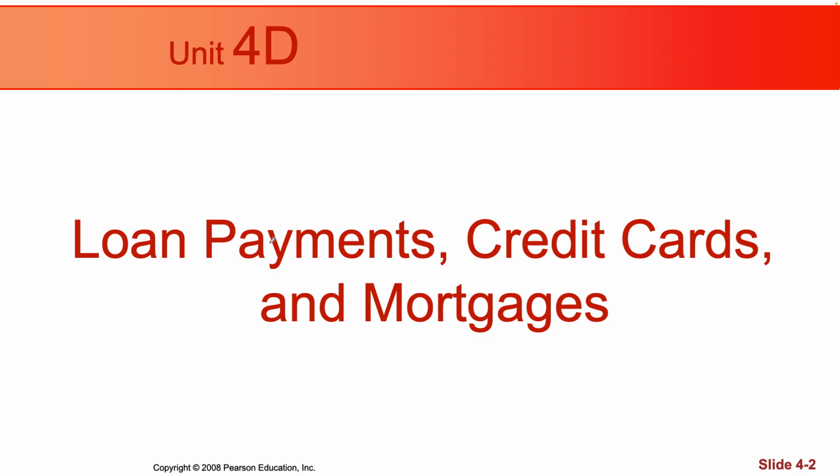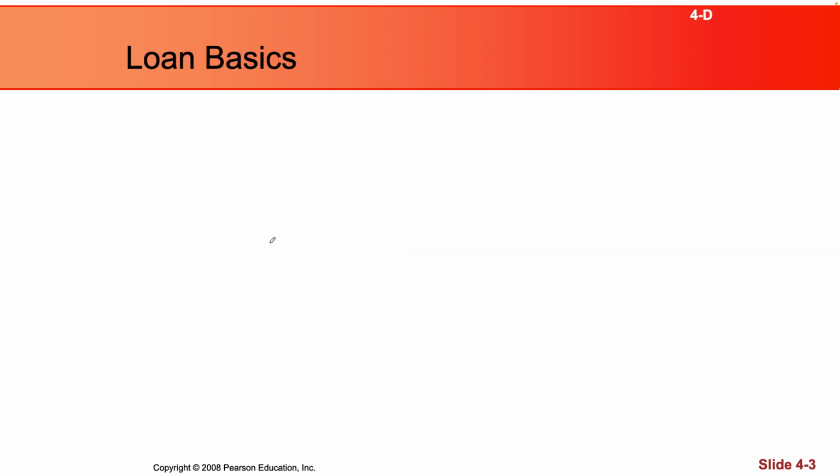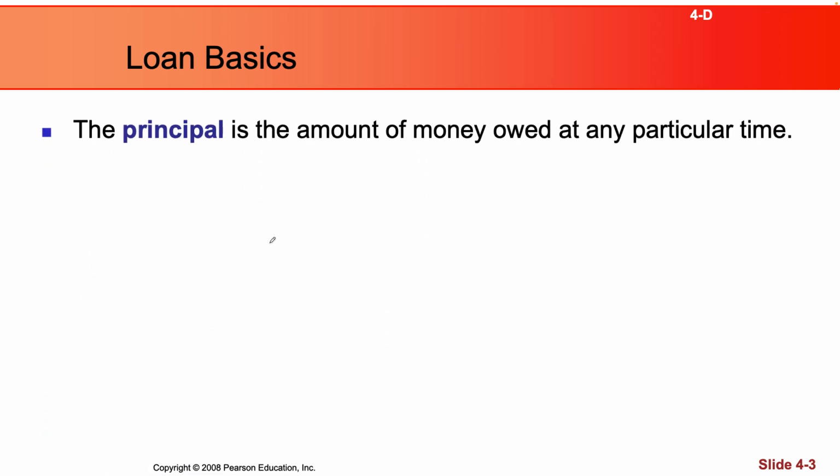Okay, so talking about loan payments, credit cards, and mortgages. We get to understand how all these things look. So the principal is the amount of the loan that we get, and we can refer to the principal at any particular time. So after we've made payments, hopefully we have reduced the principal, how much we owe. That's the idea.